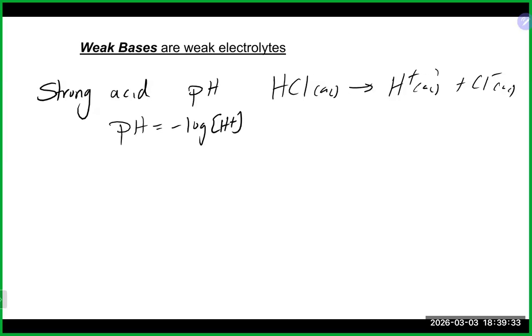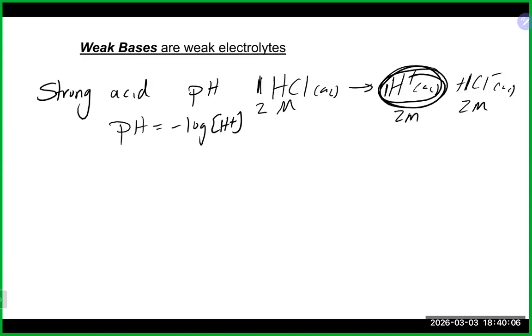That means that we need to know what this concentration is. If you remember molarity and stoichiometry, this is a 1-to-1 relationship between the whole thing and the H plus. So if this happened to be 2 molar, the H plus concentration would be 2 molar because it's a 1-to-1 relationship. Also, it's a 1-to-1 relationship between that and the chloride, so the chloride concentration in the solution would also be 2 molar.